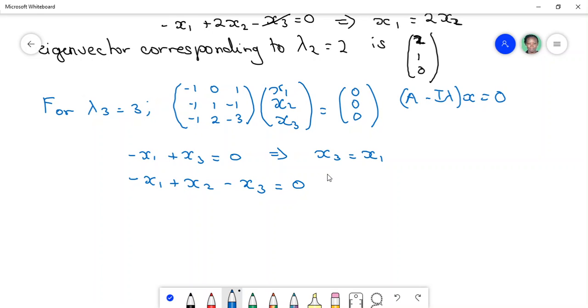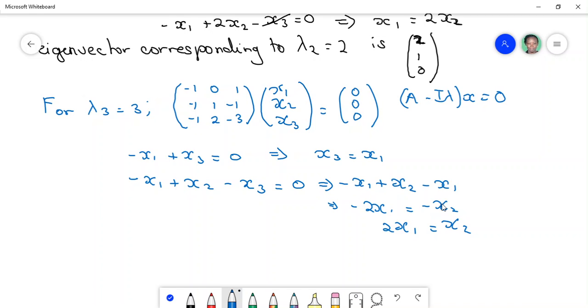We know x3 is x1, so this gives minus 2x1 plus x2, which means x2 is 2x1. Very good.